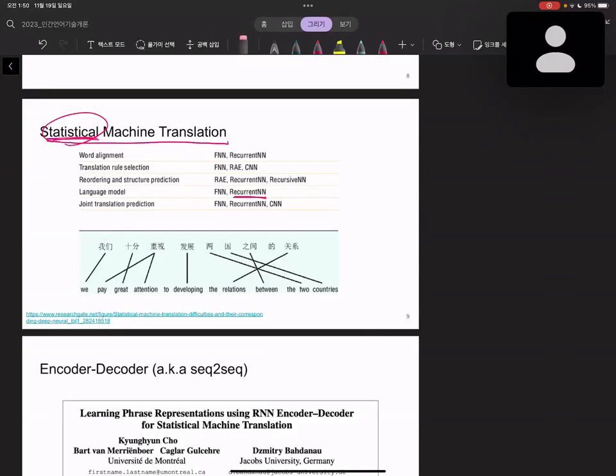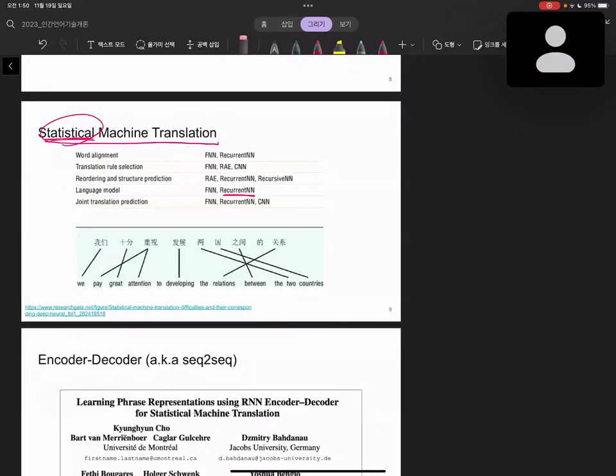There were lots of rules, and the rules were defined by humans, not learned from data.